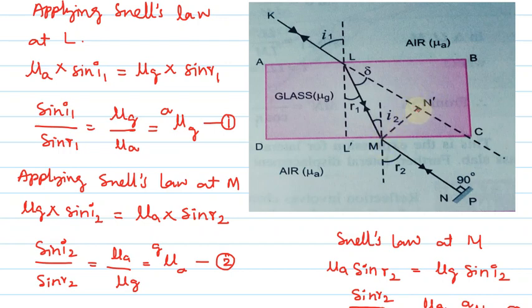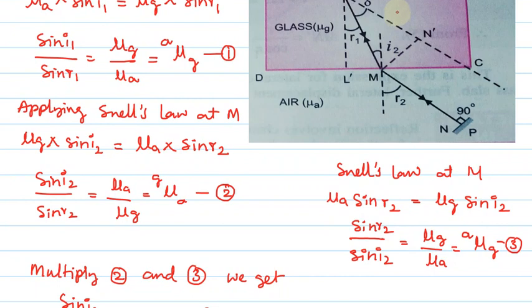So what is lateral shift? It is the perpendicular distance between the incident ray KL and the emergent ray MN. So let us find out an expression for this lateral shift, that is the perpendicular distance between incident ray and emergent ray.